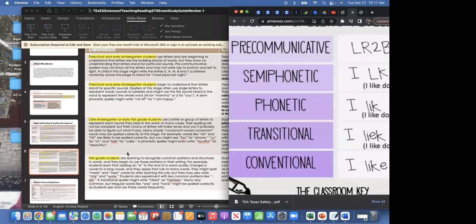I'm talking about more thought-provoking themes and motifs. So the students need to have as much predictability, as much stability in recognizing common patterns and structures so that they can utilize them later on in decoding. And they begin to use those patterns in their writing.